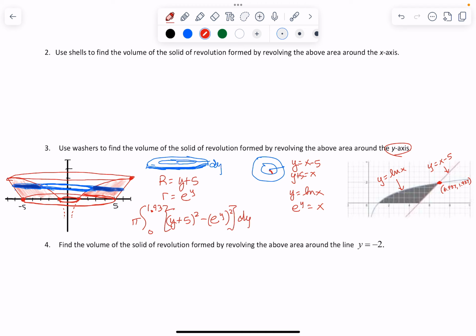Basically, that'll be e to the 2y, so we can just change that to e to the 2y. Okay, and that's how you do it. And then this one is a calculator question. You can just plug that into your calculator. But that's doing a washer revolved around the y-axis.